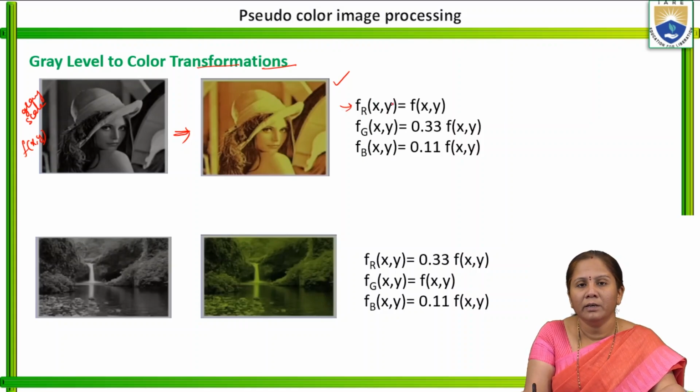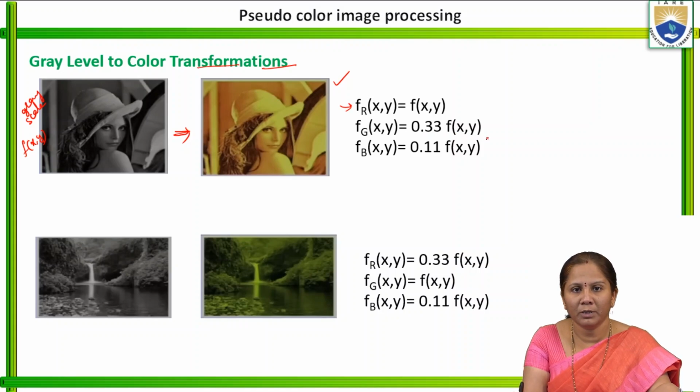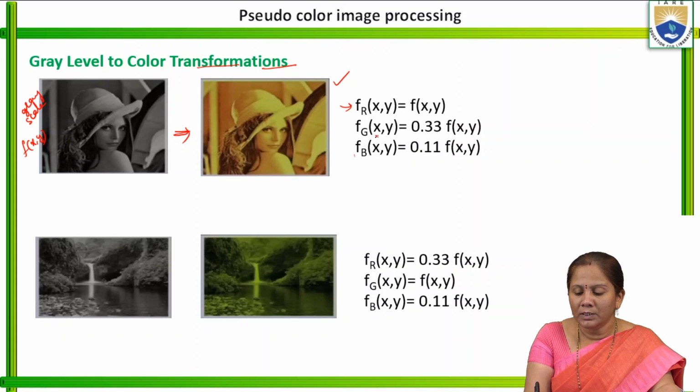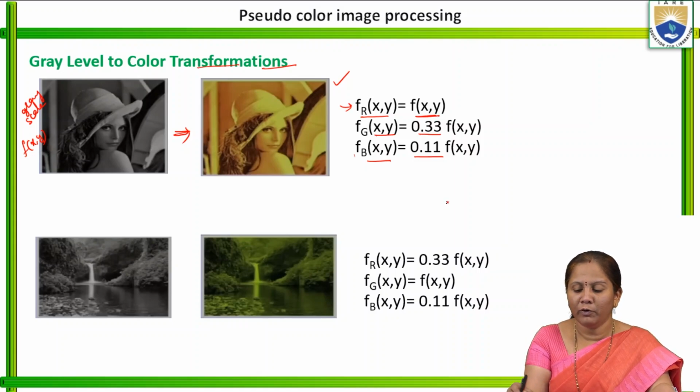Here fr of x comma y is equal to f of x comma y, fg of x comma y is 0.33 into f of x comma y, and fb of x comma y is 0.11 into f of x comma y. So the green and blue transformations are scaled by the values 0.33 and 0.11, whereas fr, the red transformation, is the same as the gray value f of x comma y.